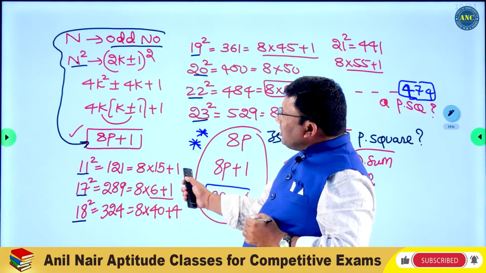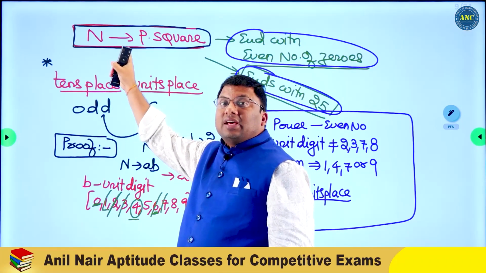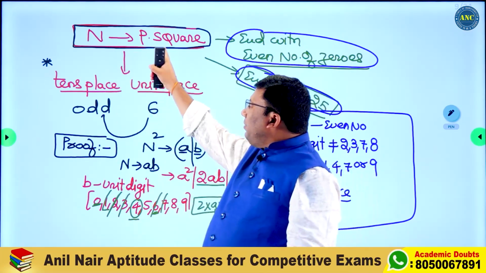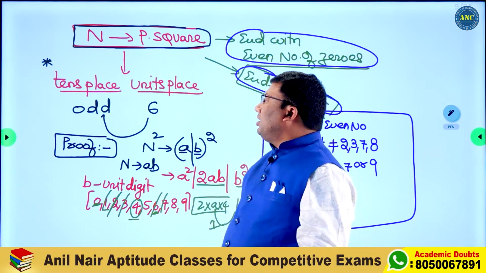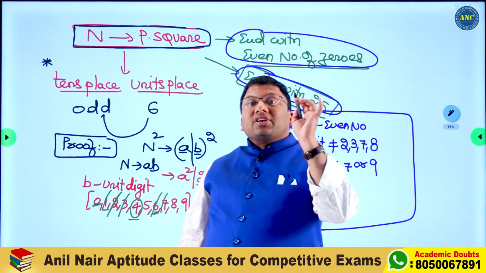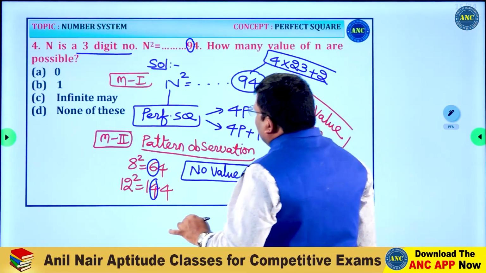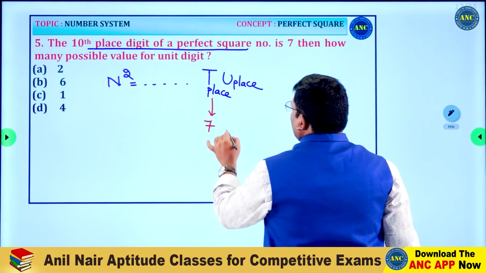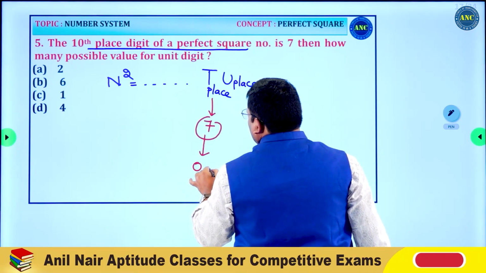What is the concept that we discussed? If you see the first session, we discussed one concept. If the number is a perfect square and the tens place is odd, the units place has to be 6. Is 7 an odd number or an even number? It is an odd number.